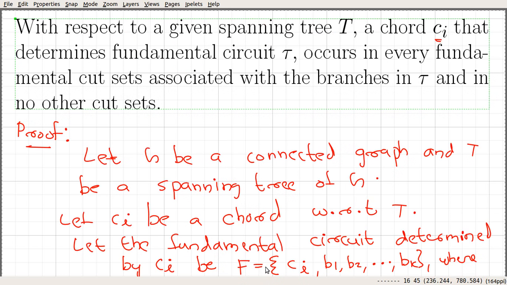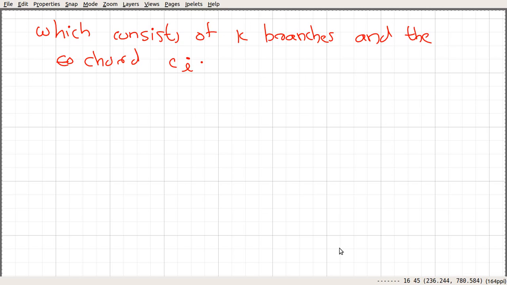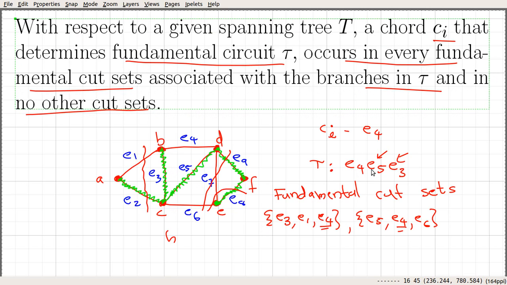If you look into this fundamental circuit, B1 is going to uniquely determine a fundamental cut set, exactly similar to what we saw here. So this E5 uniquely determines this cut set, and E3 determines this cut set.